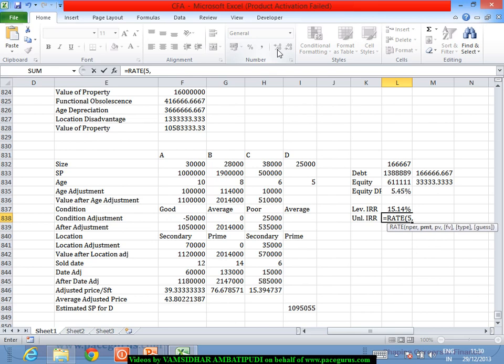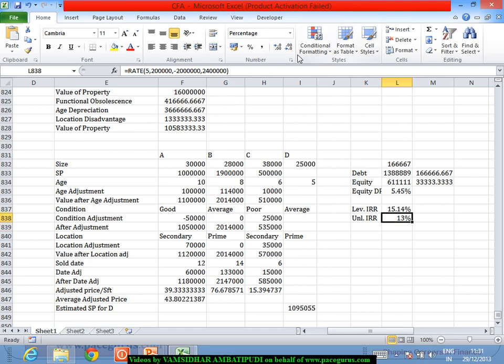Every year he will get the entire 200,000 because there is no debt servicing relating to it. But today he is investing the entire 2 million, and he is getting 2.4 million fully. So in this case the IRR is only 13%.